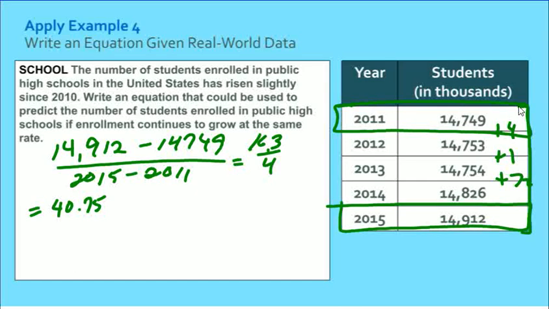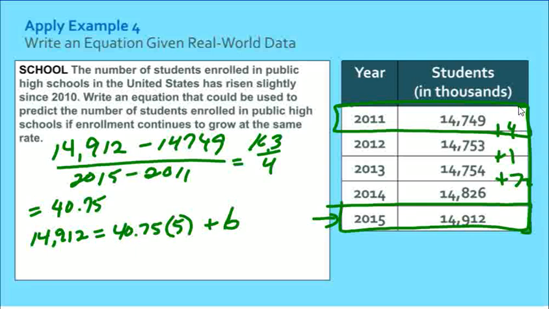If I use that and then choose a point from the table, it doesn't matter which one I choose. I'm just going to choose this last one here. So that would give us 14,912 equaling 40.75 times, our x is the number of years after 2010, so this would be 5, plus b. 40.75 times 5 gives us 203.75 plus b equals 14,912.